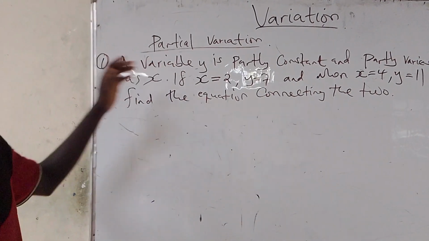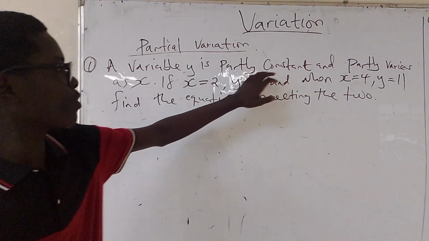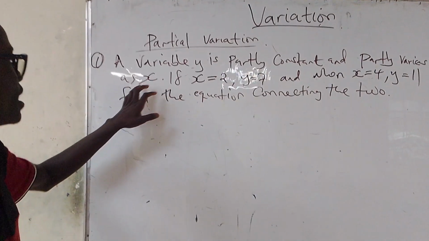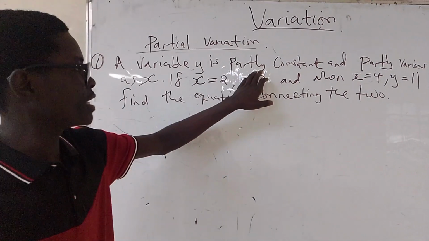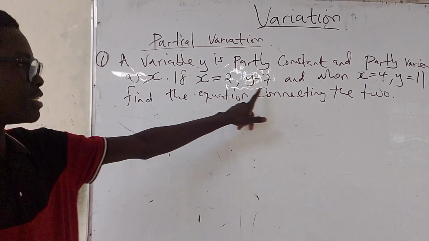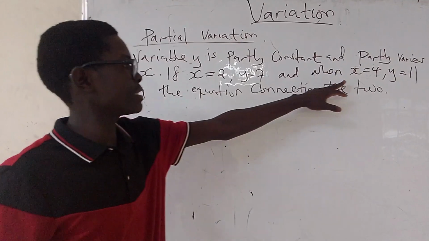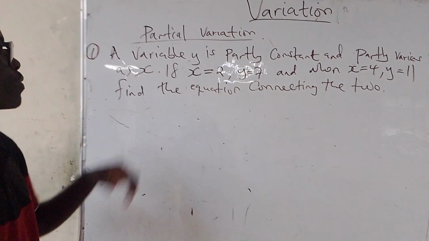Let's see partial variation. So we have an example here. A variable y is partly constant and partly varies as x. If x is 2, y is 7, and when x is 4, y is 11. We find the equation connecting the two.